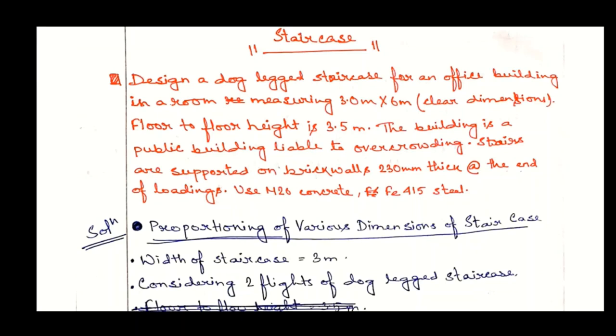Load conditions are different, live loads are different depending upon the type of building, and we can select the riser and tread depending upon the type of building and the crowding, right? So first of all, before RCC design, we have to do the geometrical design of the staircase.